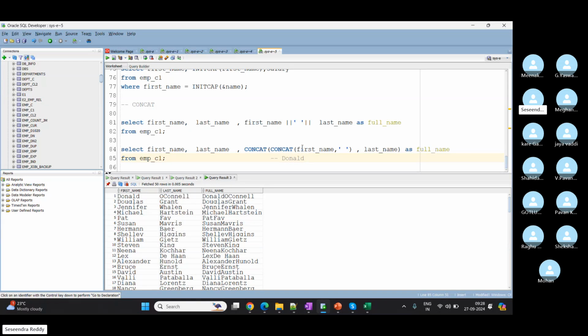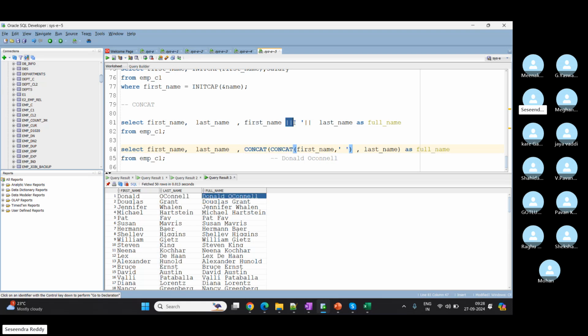After executing the inner concat function, it starts executing the outer concat. Since space is already added after first name, the outer concat function will add last name, O'Connell. So this is how it works, but it is difficult, right? Using the concat function for characters is difficult. You see, it also gives the same result.